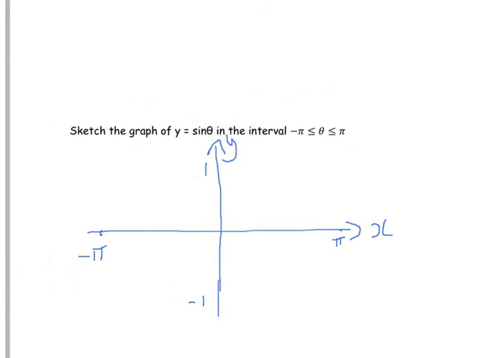If you can just remember a few key things like sine of pi over 2 is equal to 1, sine of 0 and sine of pi is 0, you should clearly be able to sketch this sine theta between minus pi and pi.